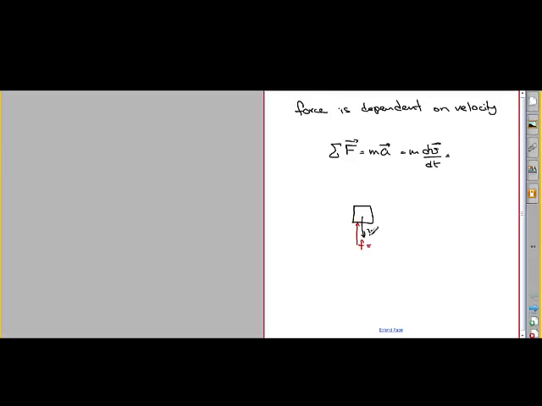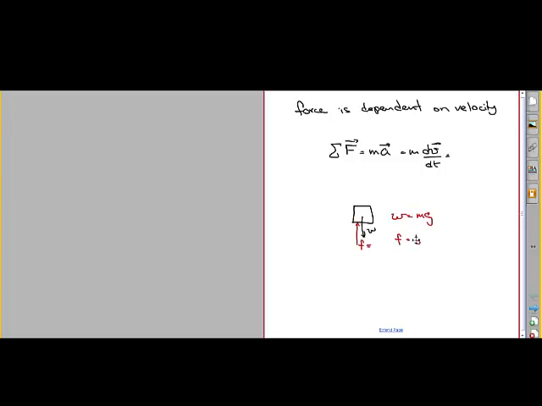Oh, okay. I was wondering where they got that from. So the weight is equal to the mass times acceleration due to gravity, and the friction force pushing up is going to be proportional to the velocity, with some proportionality constant.